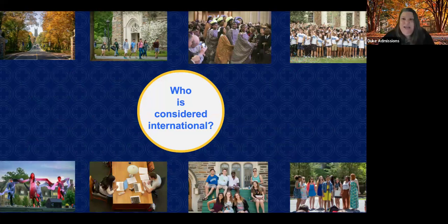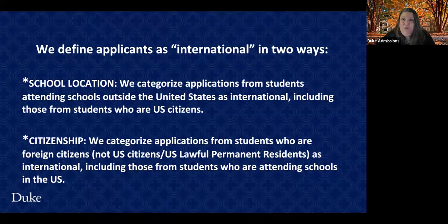So we're going to get started with who is considered international. We get a lot of questions about this from students who are not sure whether they fall in that bucket or not. So just to cover, we define applicants as international in two ways. One is based on your school location. So anyone who goes to school abroad is considered to be an international student.